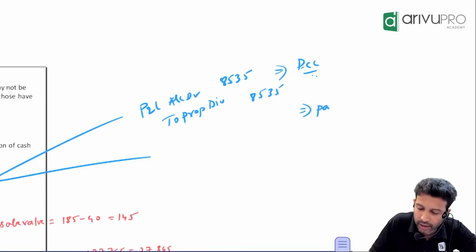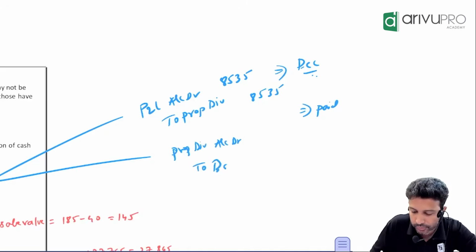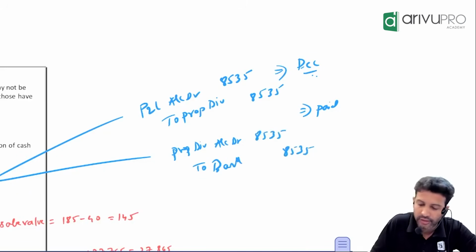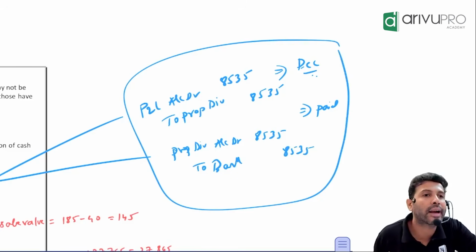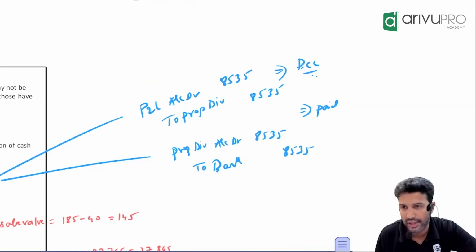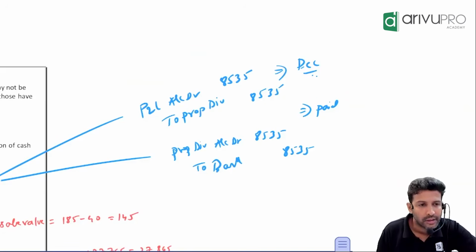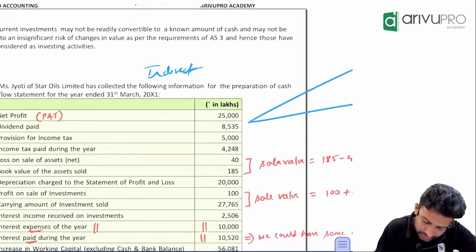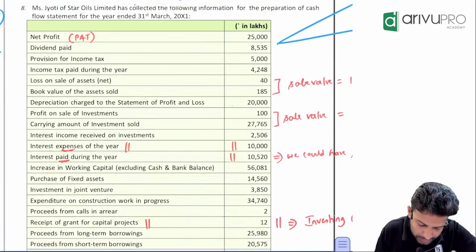And when it is paid, what is the journal entry? Proposed dividend or dividend payable account debit to bank account. Correct? Dividend paid, what activity? Financing activity. Plus or minus? Minus. How much? 8,535. In financing activity, they would have captured it somewhere.